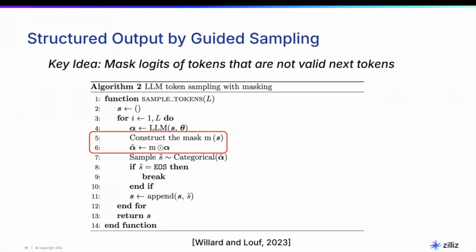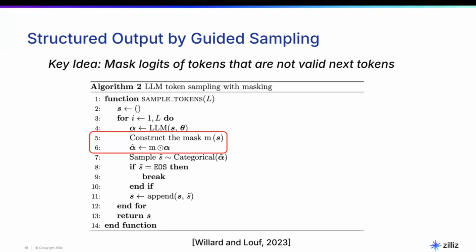Another method that is reliable is this concept of guided sampling. The key idea here is that instead of just sampling in the standard way from our large language model, we take the logits from the final layer, and then we mask out all the tokens that we don't want to sample next.